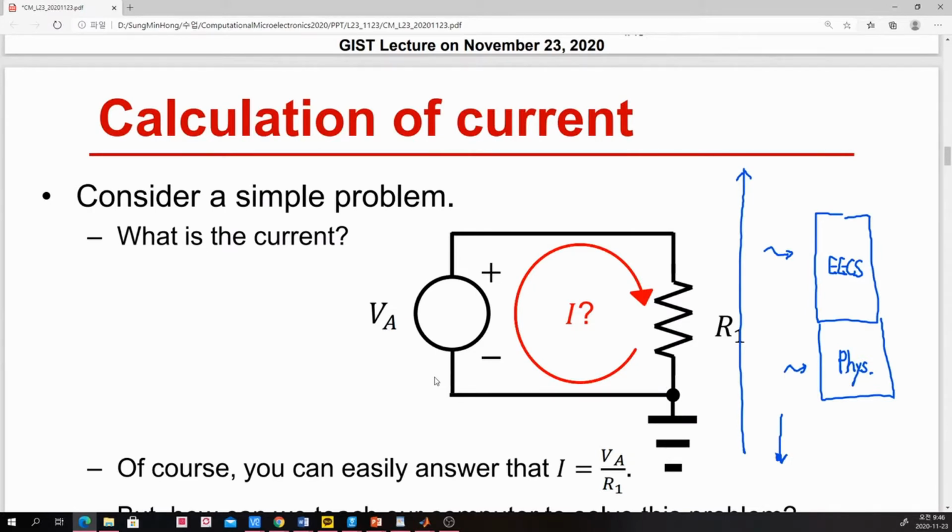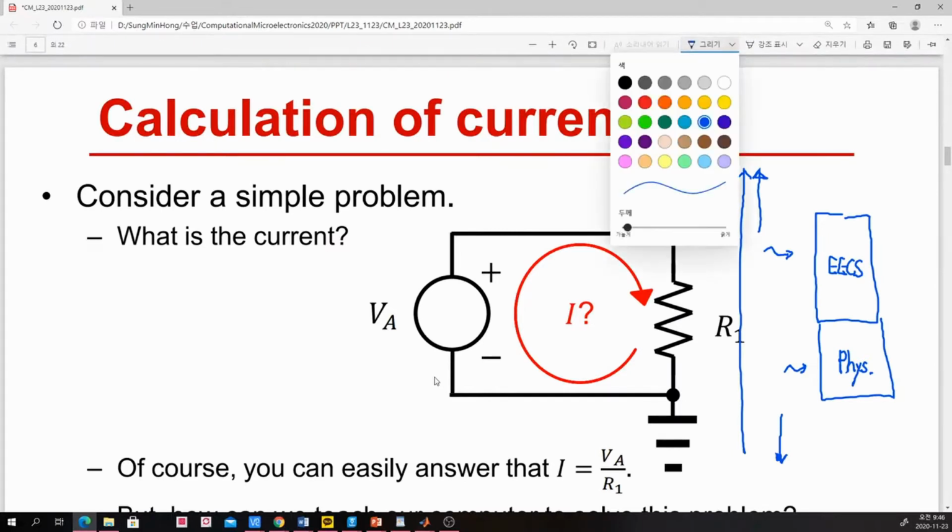And if we go to the higher part, that is more related with engineering and practical consumer electronics.